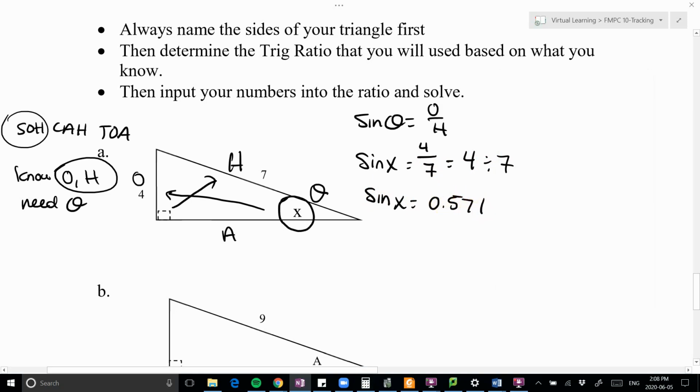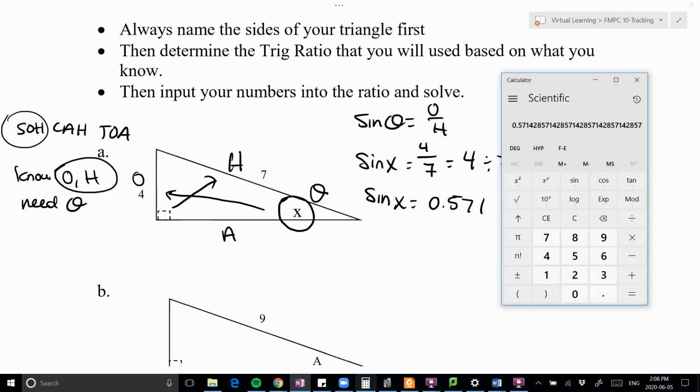Now this is like what I told you before. You could clear your calculator and input the number 0.571. But your calculator will carry that number if you want it to, right? And for a lot of the more scientific calculators, you can actually pull on the number answer. But if you just leave it in there and do your next step, it'll hold on to it.